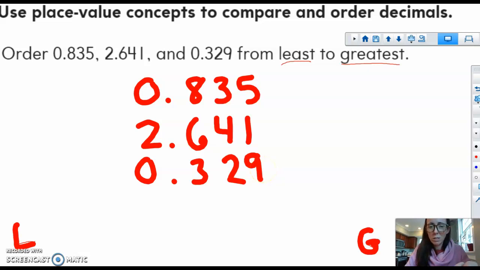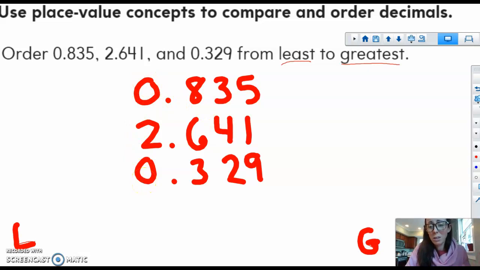I'm going to start in my ones place and look for which of the numbers have really small ones or larger ones. I see right away that I have 0 ones, 2 ones, and 0 ones. So right off the bat, I know that this decimal is my greatest because it has 2 ones and these both have 0.